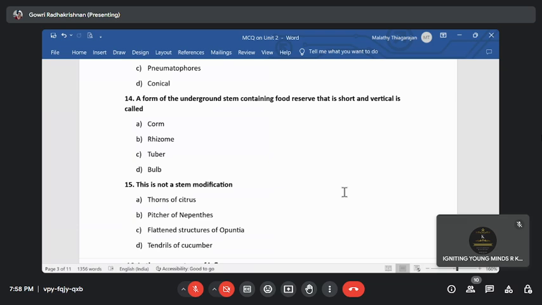Bulb is also a modified underground stem with thick fleshy leaves surrounding a short stem. It serves as a storage organ for food reserves, but it's not vertical. We are particularly asking about vertical, so it is option A, corm.